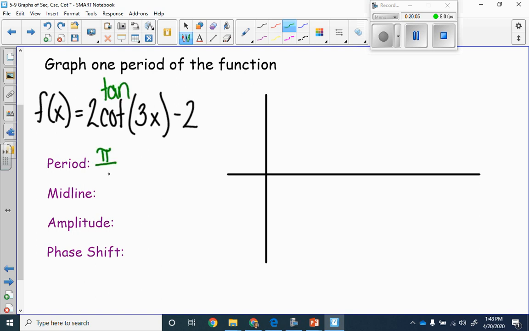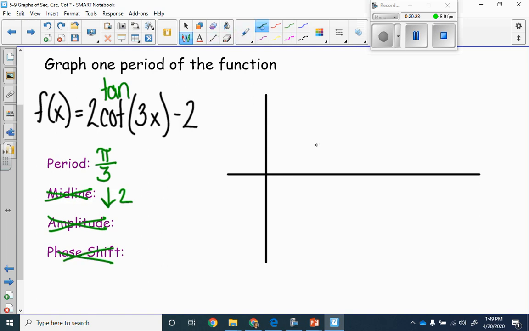Period, we're going to take pi divided by 3, so that's going to be our period. Now technically we don't have a midline, but we do have a vertical shift, which would be going down 2 units. Amplitude, technically we don't have one. There would be a vertical stretch by 2, and then I don't have a phase shift at all.